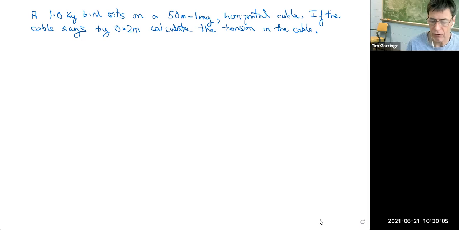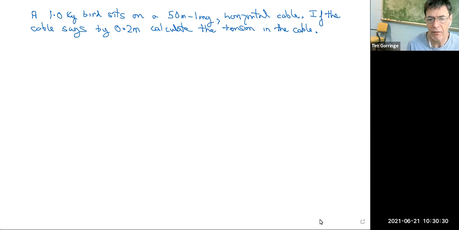Maybe it's an electrical cable, or maybe it's a telephone cable. And a 1 kilogram bird stands on the middle of the cable, and the cable deflects or sags by 0.2 meters, 20 centimeters.